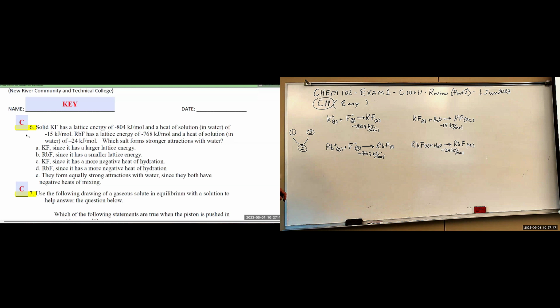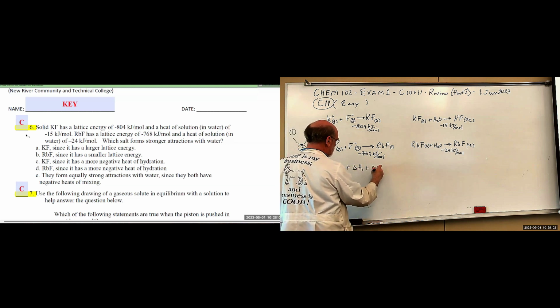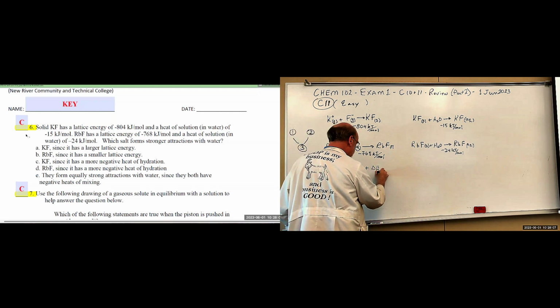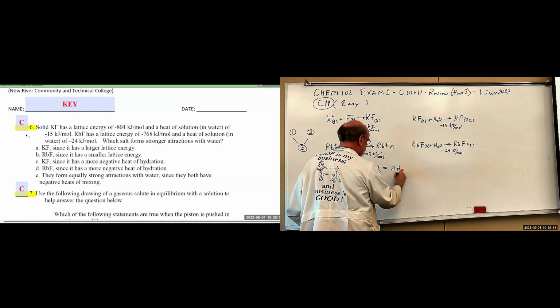So if we do that in terms of a calculation, then the heat of 1 plus the heat of 2 plus the heat of 3 equals the heat of solution.